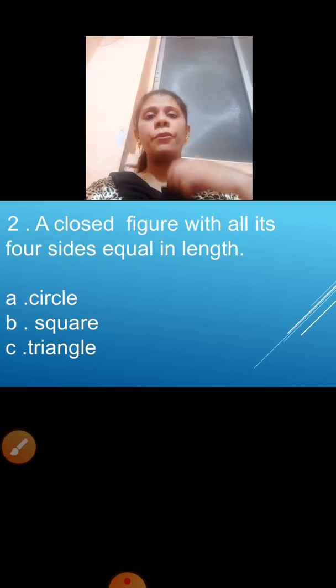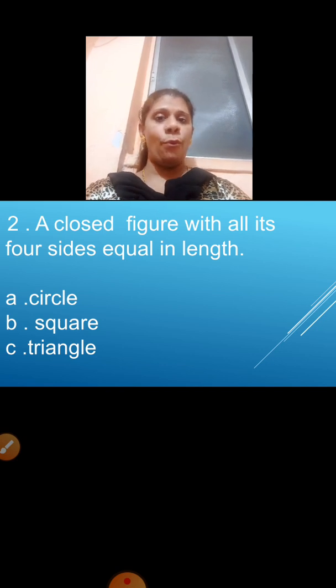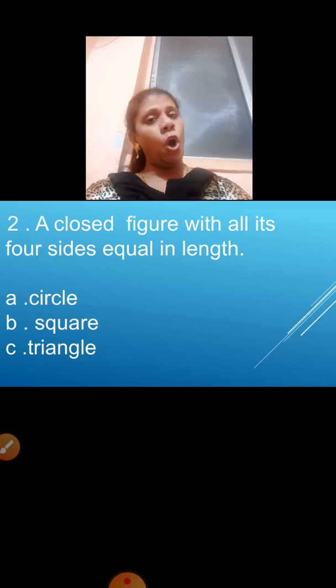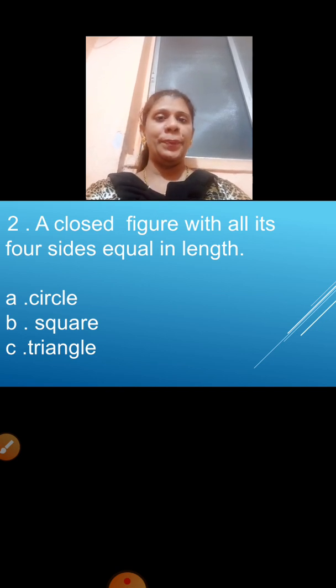A closed figure with all its 4 sides equal in length. A. Circle, B. Square or C. Triangle.